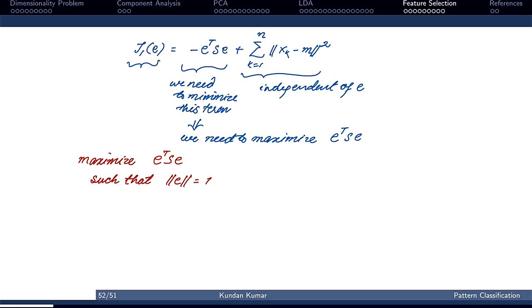Here a Lagrangian multiplier can be used to solve this problem. So what is a Lagrangian multiplier?